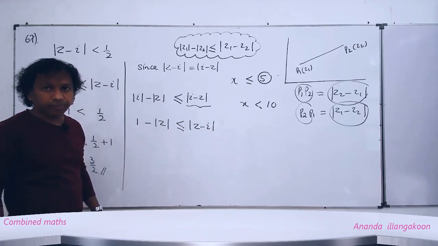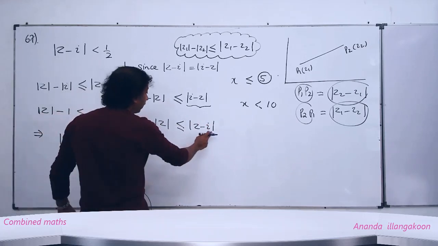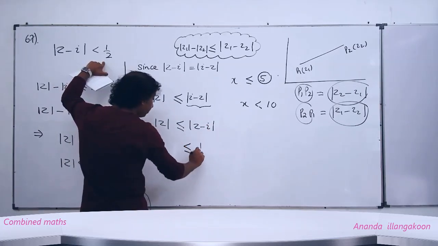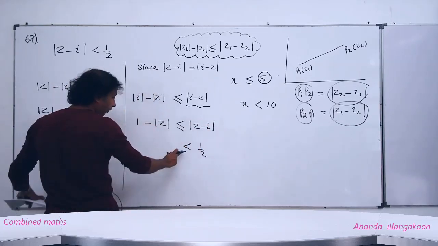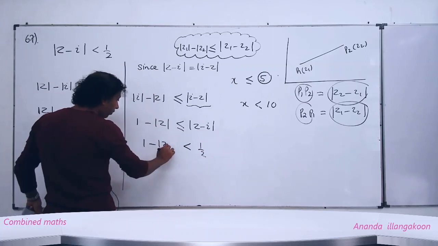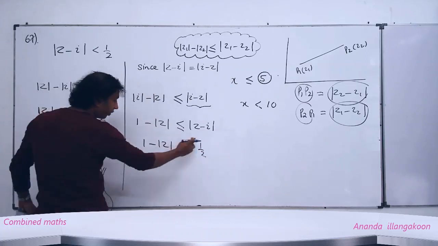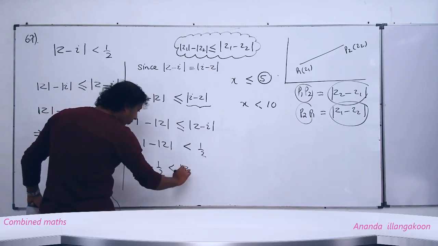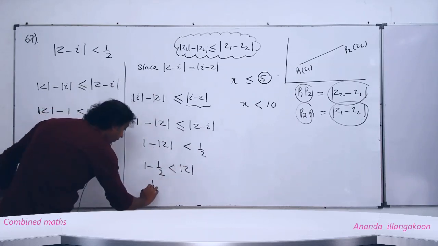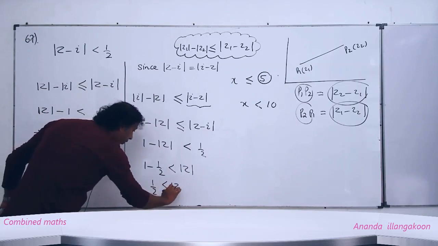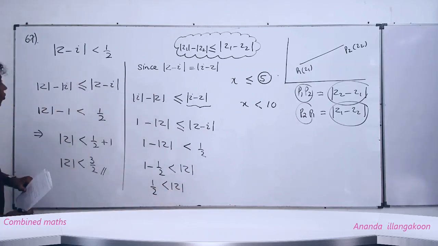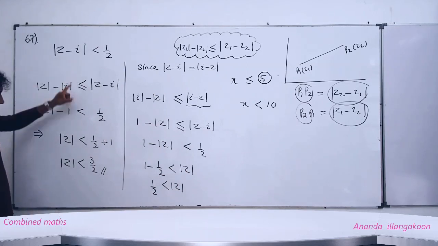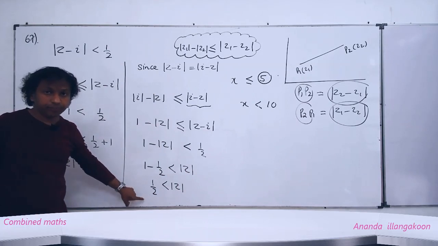Understand? So therefore, |z minus i| less than half means if I put half here, this equal sign you can't put. 1 minus |z|, it brings this side, this side. 1 minus half less than |z|. Then this gives us this way. So therefore, people, inside this what you have? This and this both available. Okay.